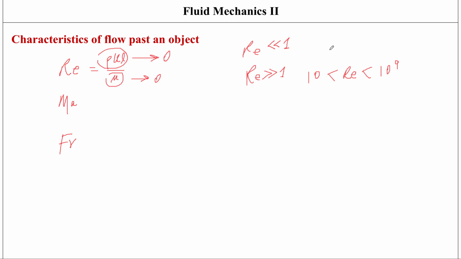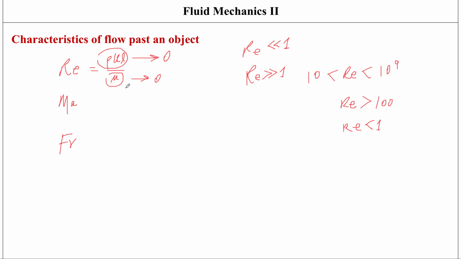Okay. And as a rule of thumb, flows that have a Reynolds number greater than 100 are dominated by inertial effects. So just remember that. If the Reynolds number is greater than 100, the flow is being dominated by inertial effects. And if the Reynolds number is less than 1, then the flow is being dominated by the viscous effects.